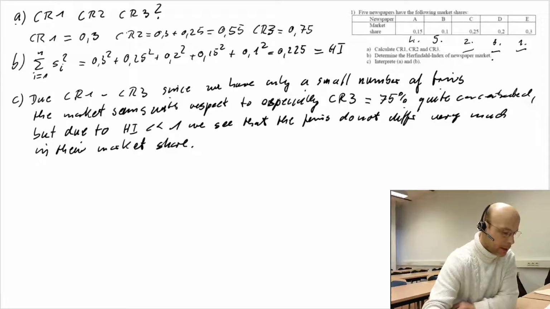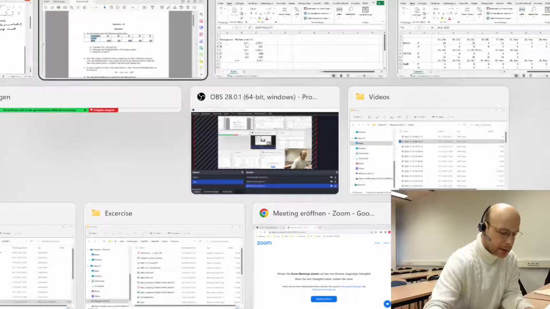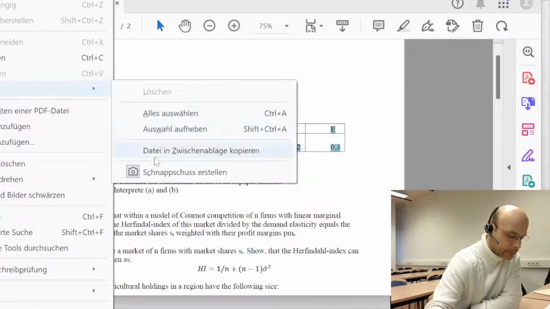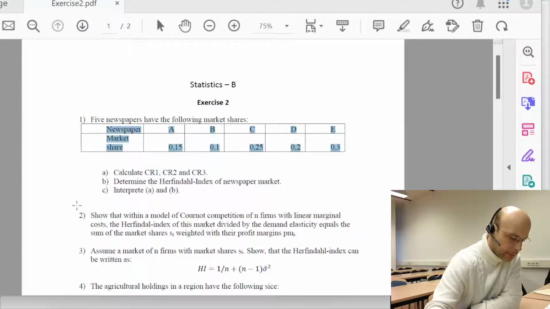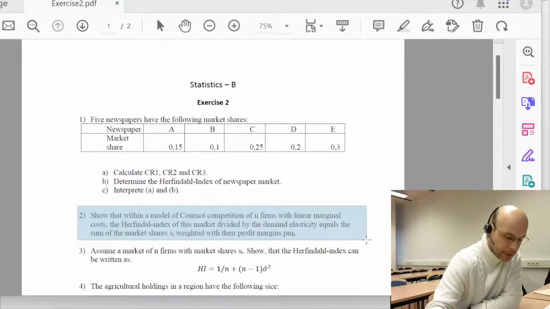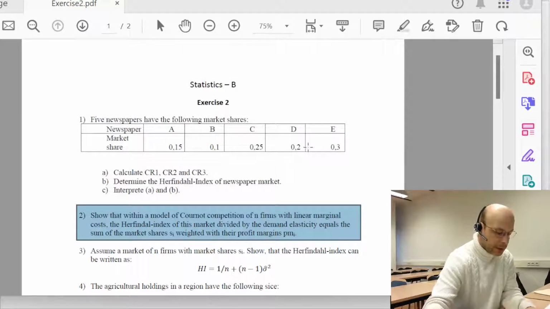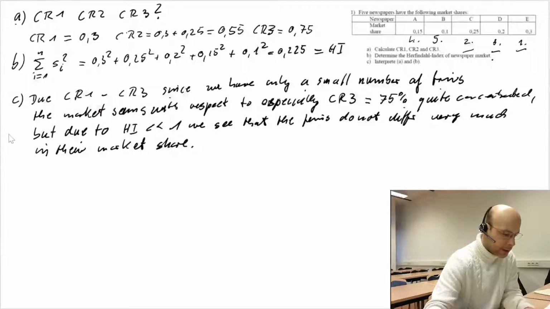Okay, then let's go to the second task. In the second and the third task, we want to show some properties of the Herfindahl index.